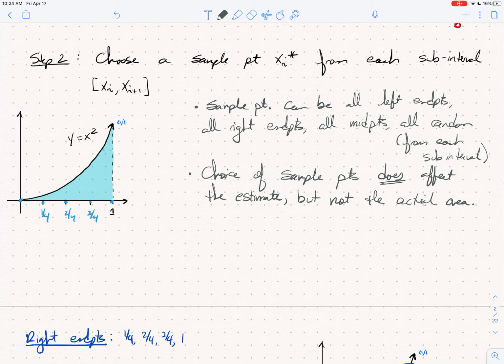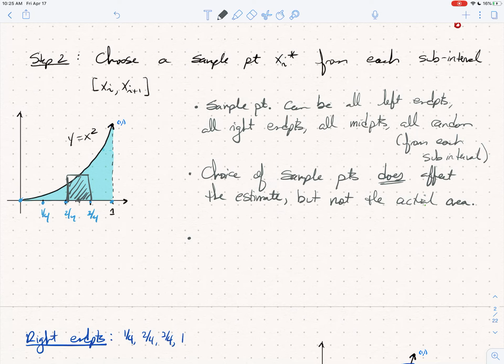So, okay, what's next? Well, when you've picked your test point, let's pick a test point right here, I plug it into my function, and now that's the height of my rectangle. And so here I get this rectangle. I need the area of that rectangle. The area of the rectangle is the base times the height.